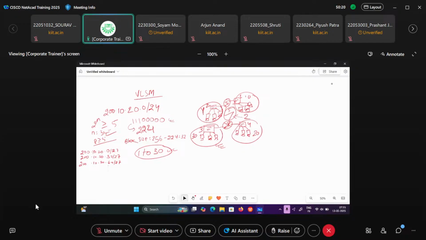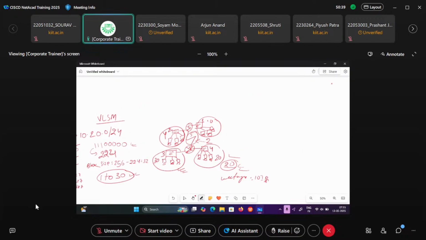But just think of it, for switch 4, only 20 hosts are required. So 10 IPs will be wasted. Just think of it, between these two routers, how many IPs will be wasted?